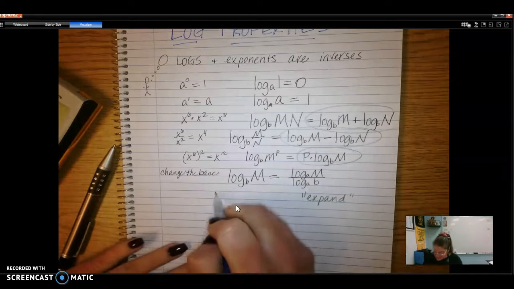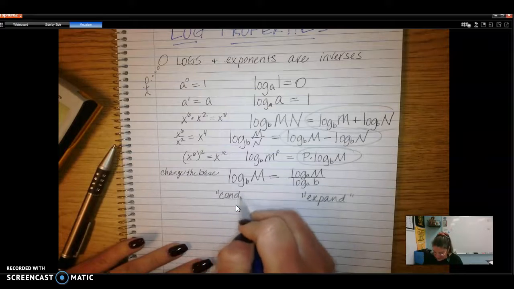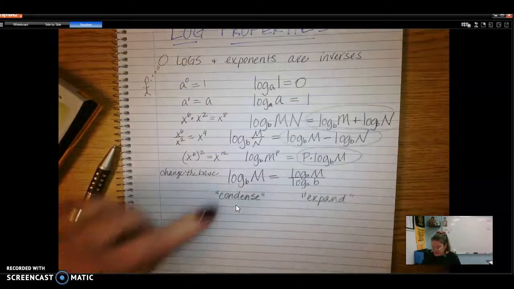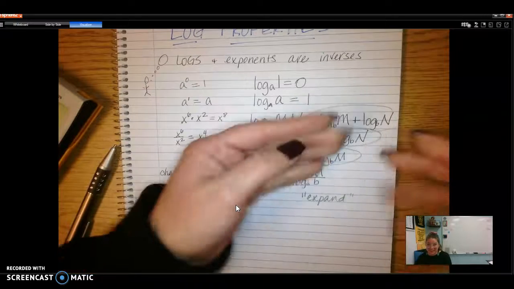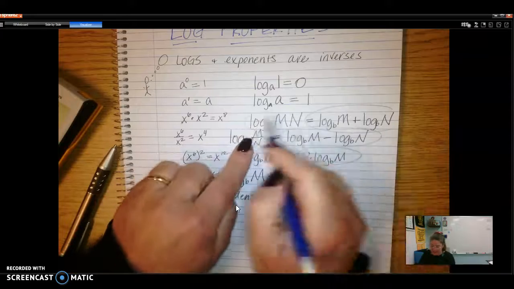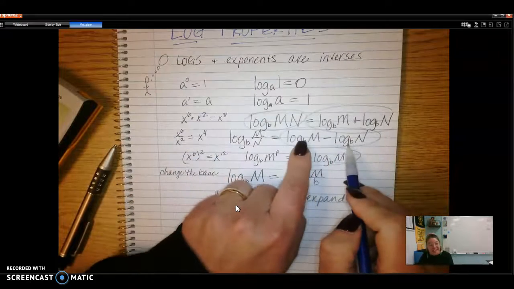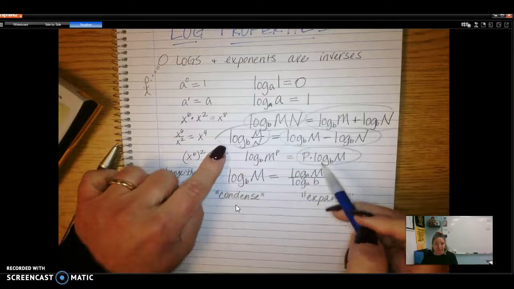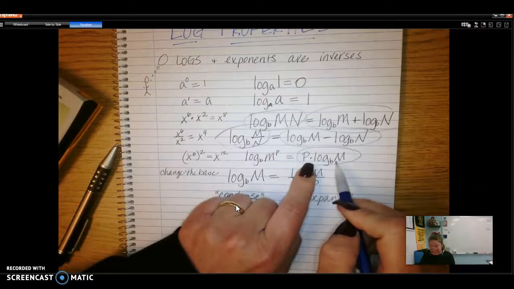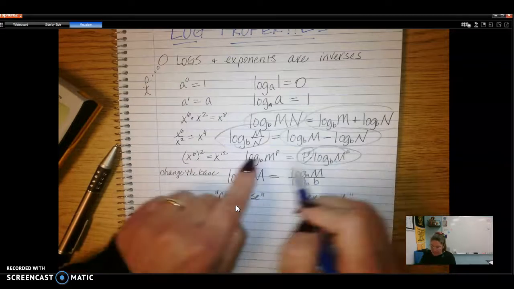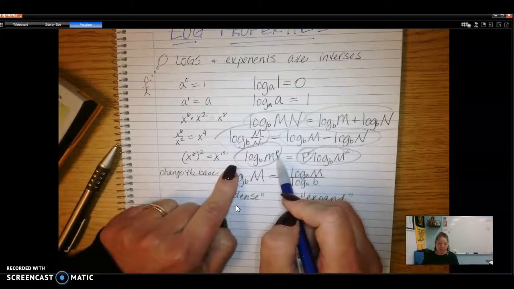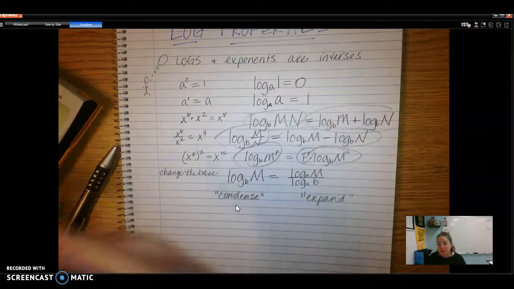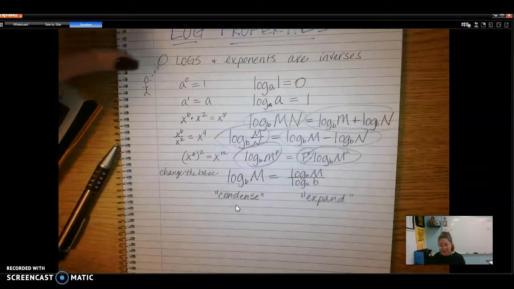If you see the word condense, that means that they want you to take the plus sign and smush it together and make it the times. They want you to take the minus sign, smush it together, and do the division. Or they want you to take this and put that p back up into the exponent. So that's what the directions are going to kind of ask you.